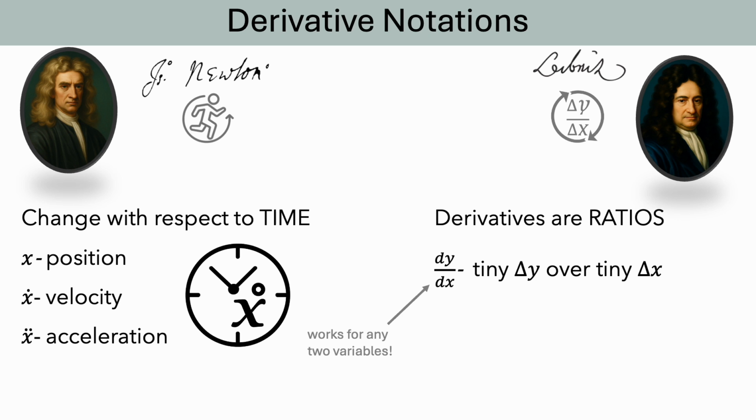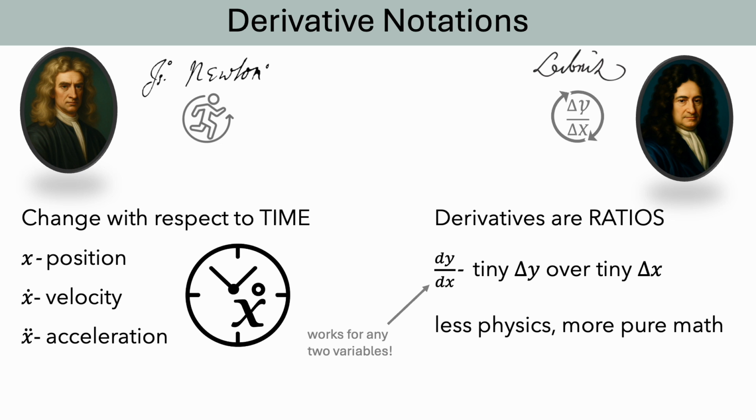I mean, consider the power of this approach. Do you want to find how pressure changes with volume? Write dp dv. Need the rate of change of profit with respect to production? Write d pi dp. Leibniz's notation adapted instantly to any situation, making calculus feel less like physics and more like pure mathematics.